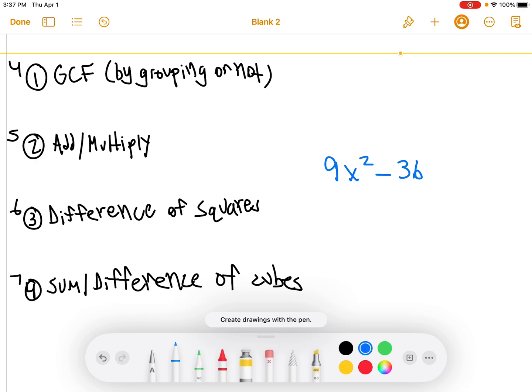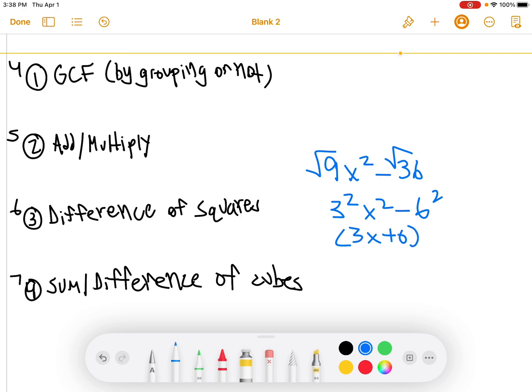You can use this only if you can take the square root of both numbers that are there, which the negative isn't attached to. So you can get 3 squared x squared minus 6 squared. And then that would turn out to be 3x plus 6 and then 3x minus 6.